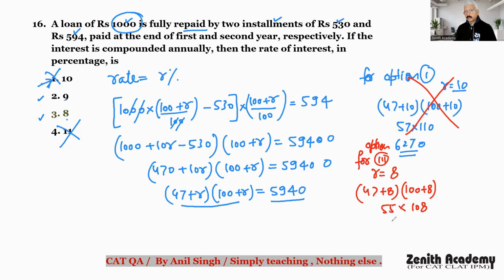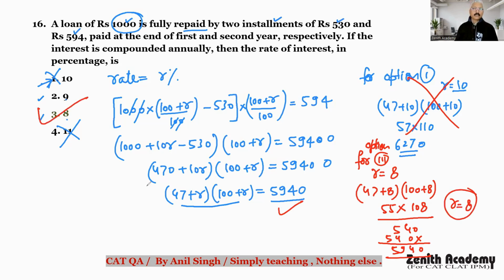So 5 8s are 40, and it comes to 5940. So the right answer is R equal to 8. This way you can do these questions, but if you try to solve it directly, it is time consuming. So this is your answer: R is 8%.